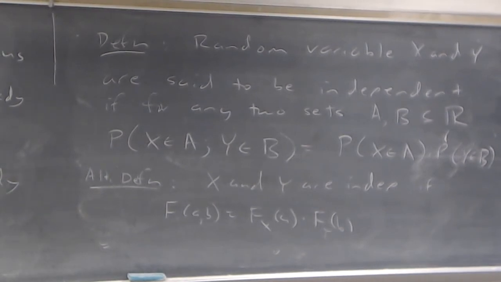So the joint CDF is equal to the product of each individual CDF. Okay. Let us set up a fact about another way of thinking of independence.